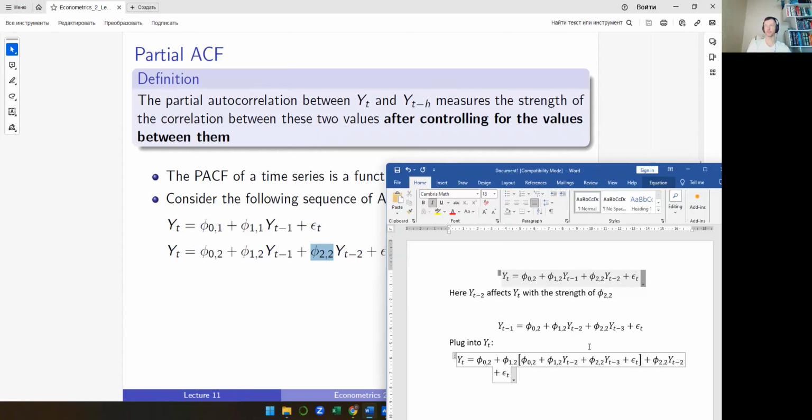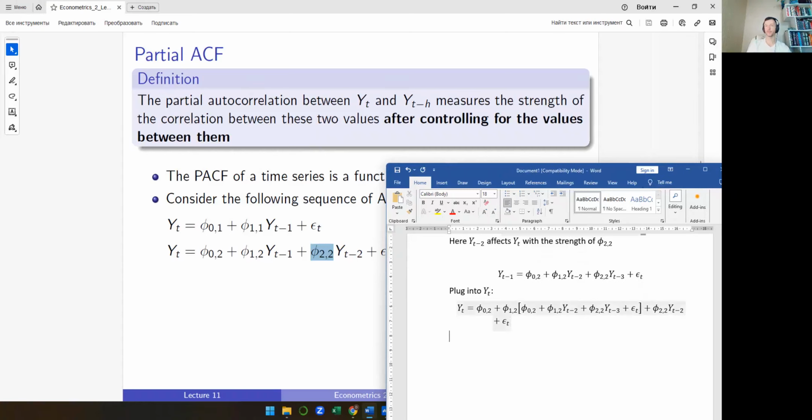We plug it here. Then we immediately see that yt is influenced directly and indirectly by yt minus 2, because yt minus 2 appears also here.